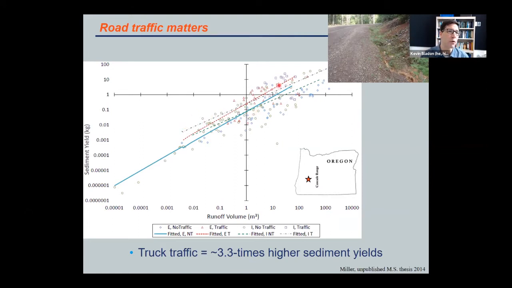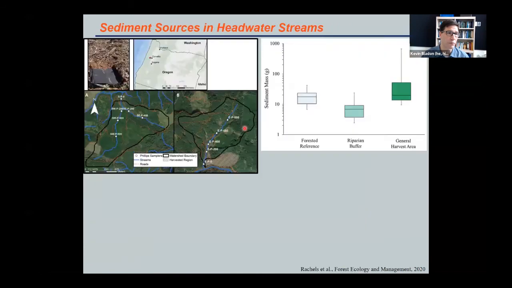The red and purple lines were where they had road traffic. And so while we see a similar range in runoff volumes, this really illustrated that as we have traffic and vehicles on our roads, that can increase that sediment availability. And so it really speaks to the importance of ensuring we disconnect our roads from our streams.